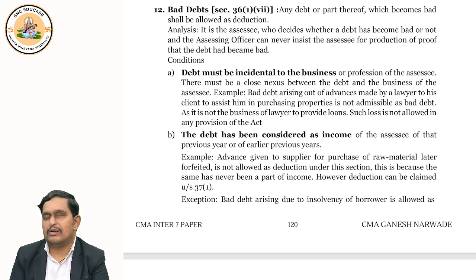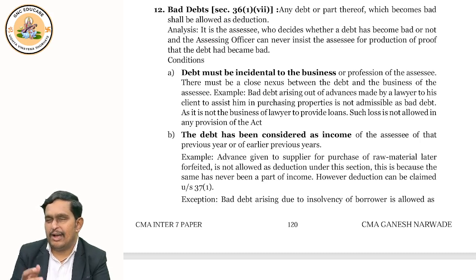Now, how long will you keep their data as debtors in your books of accounts, in your balance sheet? Because you are anyhow not going to receive it, correct? So, such debtors who became bad, who did not pay you the money, we have to create bad debts and debit it to P&L account.